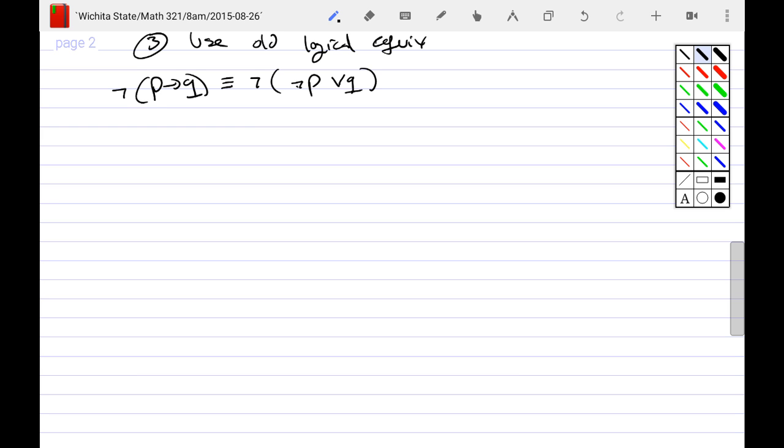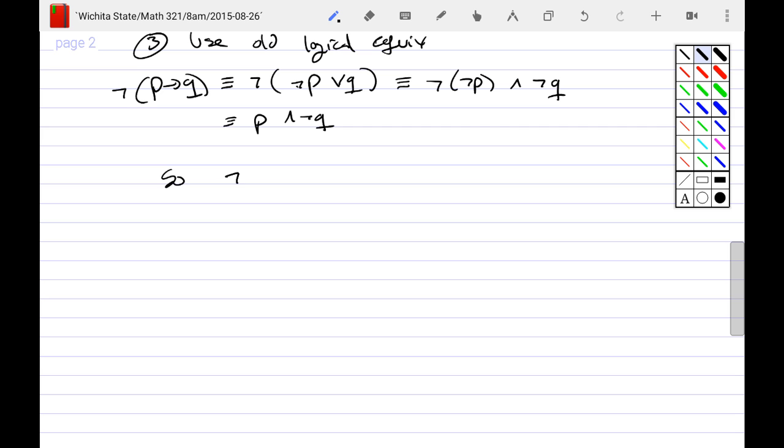That used the disjunctive form of implication. But that's logically the same thing as P and not Q. What did I just use? Distribution of negation, also called De Morgan's. And then double negation. Right? And so we're done.